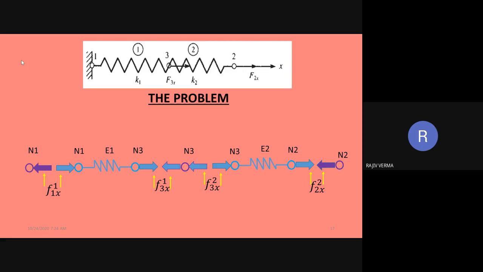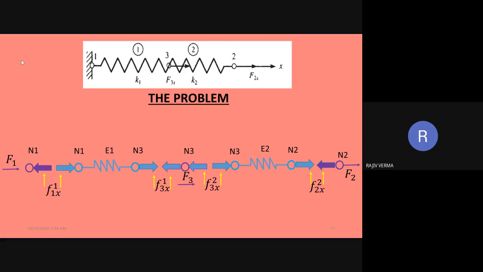And then as a last step, we are simply going to carry out the force balance at the three nodes which are indicated in purple. So we have F1 acting towards the right at node number 1, F3 acting towards the right at node number 3, and F2 acting towards the right at node number 2.